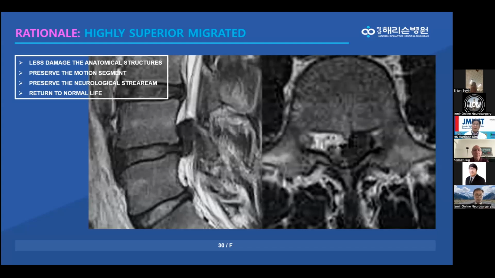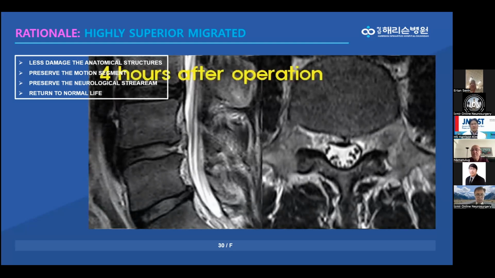If we hope to remove the disc sufficiently, sometimes sufficient facet damage may be needed, so some doctors choose fusion surgery. But if we can achieve success like this, preserving the other structures and removing only the pathology, the patient really has a chance to return to normal life.